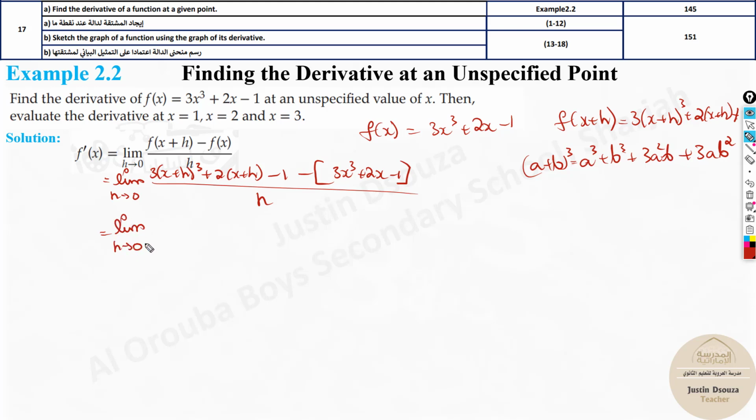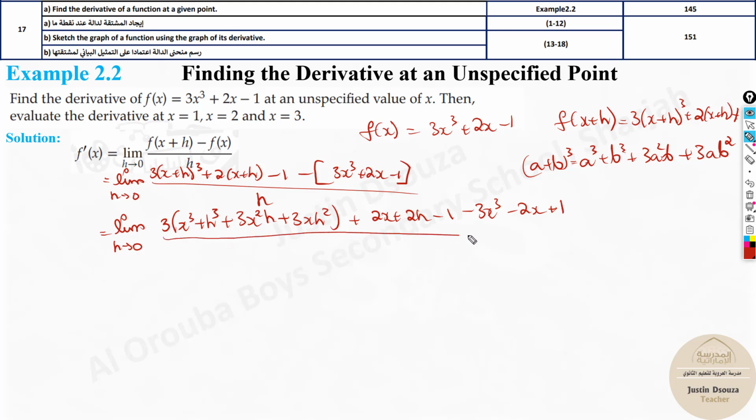Limit h tends to 0. 3 multiplied by what? x plus h the whole cube will be x cube plus h cube plus 3x squared h plus 3xh squared, plus this multiplied inside will be 2x plus 2h minus 1, minus 3x cubed minus 2x plus 1.